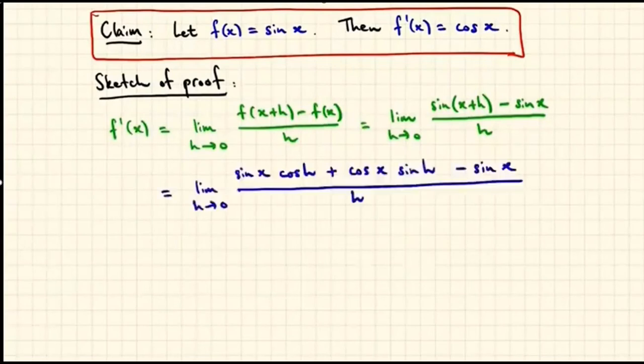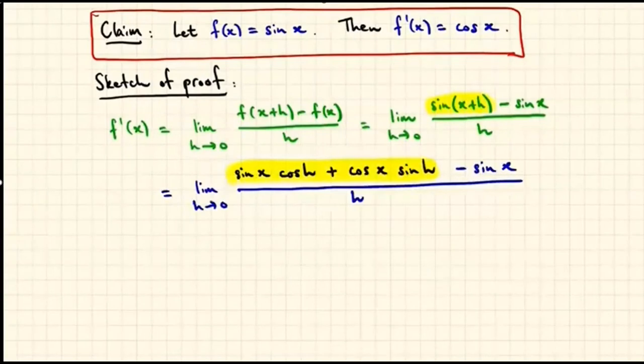At this point, we rewrite the numerator using the advanced trigonometric identity we mentioned a moment ago, with angles x and h taking the place of alpha and beta.